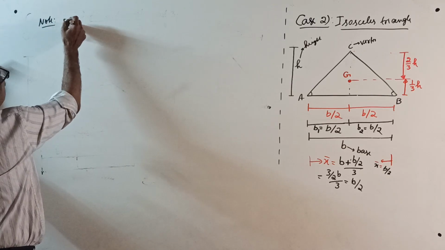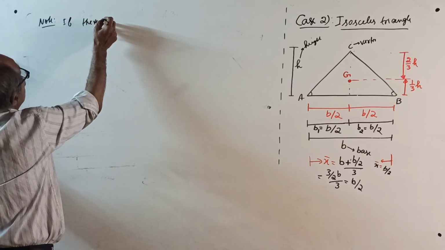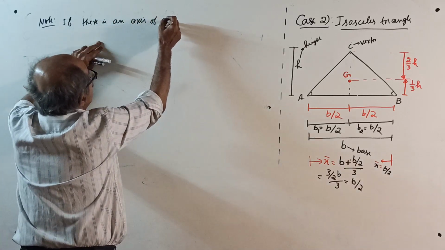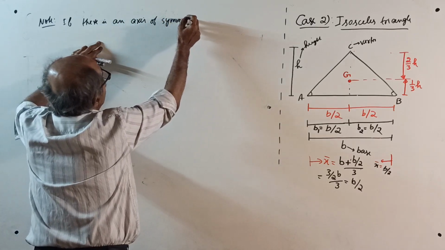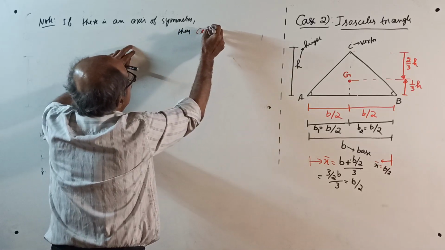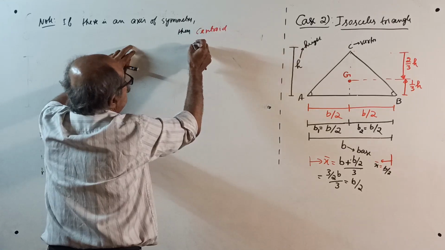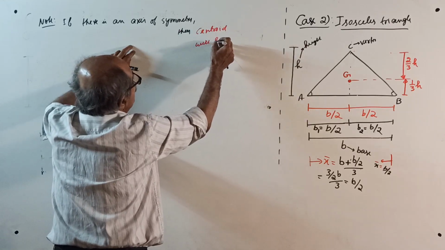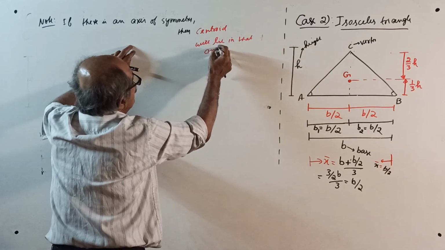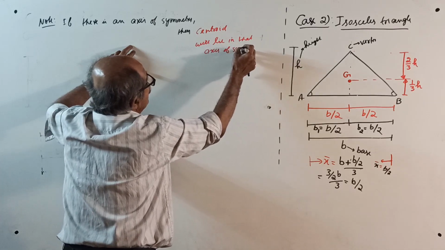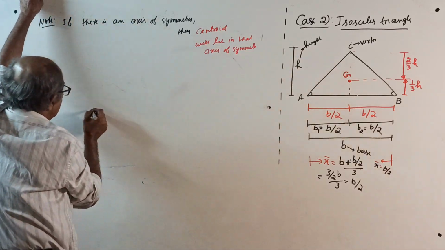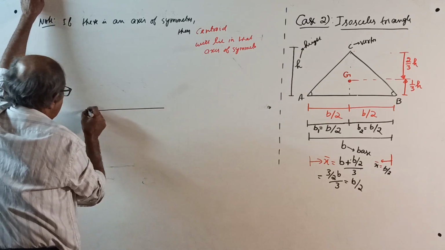If there is an axis of symmetry, then the centroid will lie on that axis of symmetry. Axis of symmetry. Common. Therefore, in the same sketch, see this way and this way.